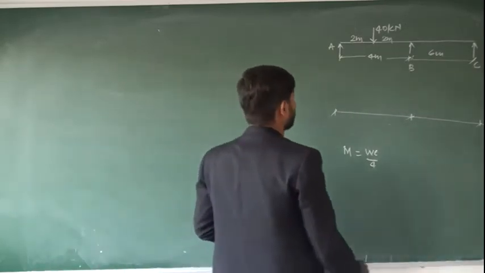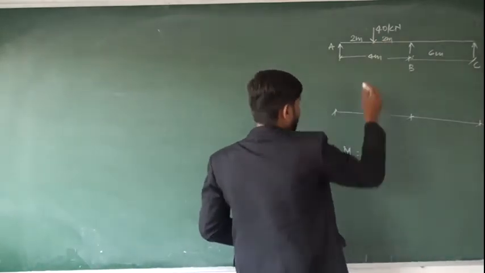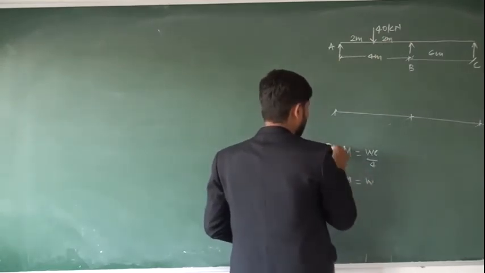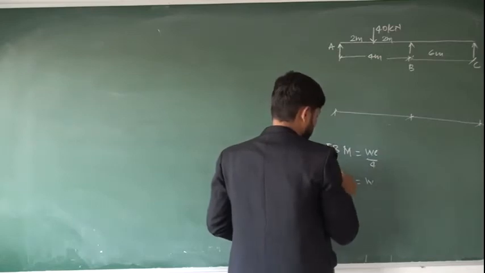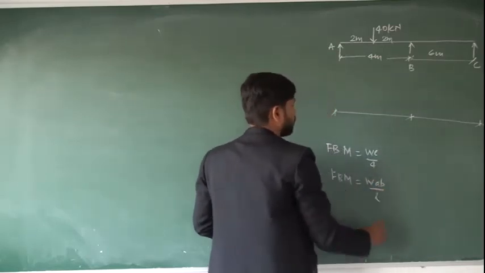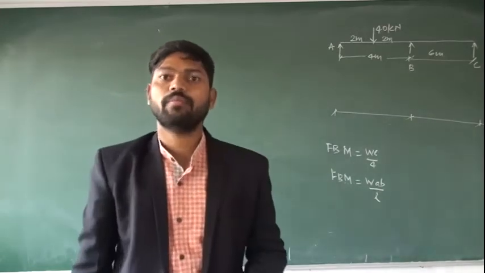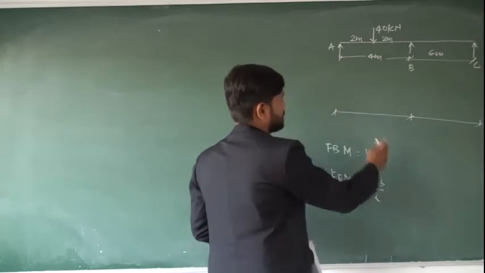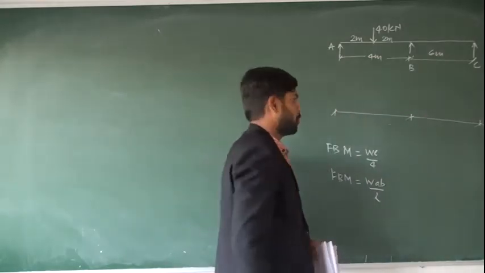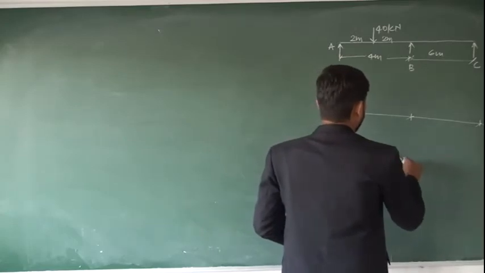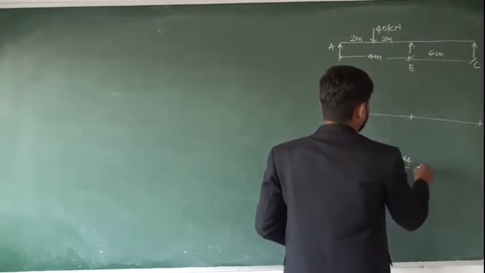If the point load is eccentric, suppose this 40 kN is at 3 meter, then the maximum bending moment will be W a b by L. Now the load is at the center, so WL by 4 is okay. So W is 40, L is 4, divided by 4. So it is 40.